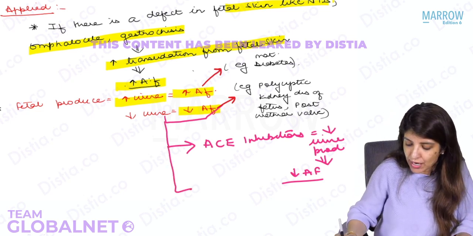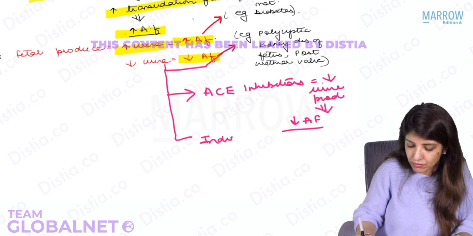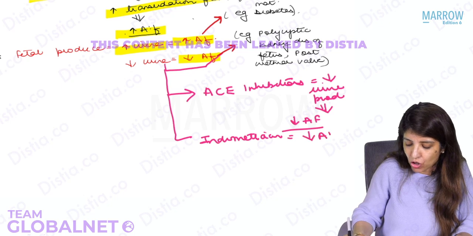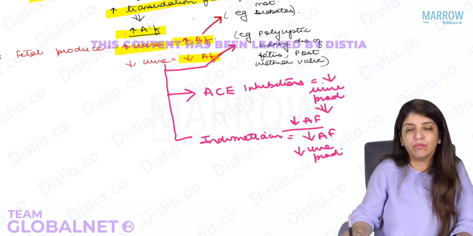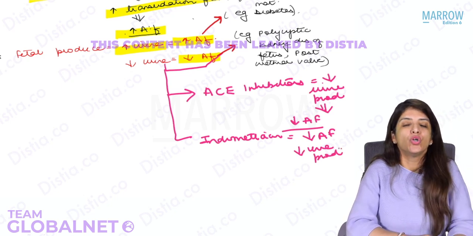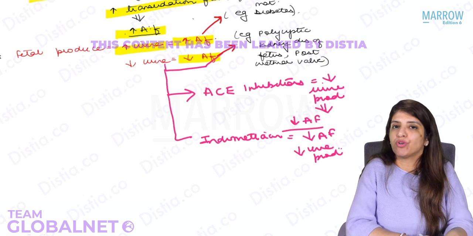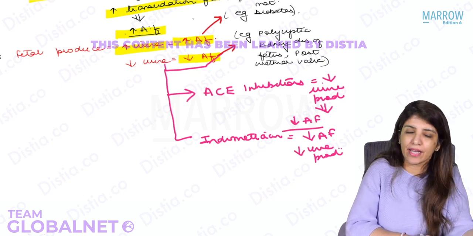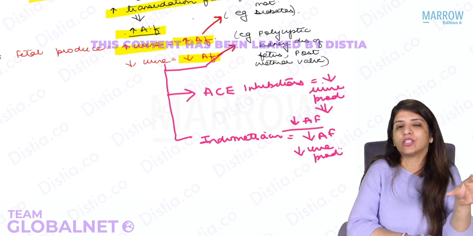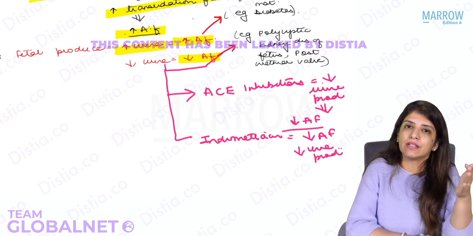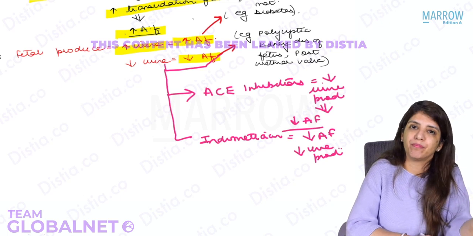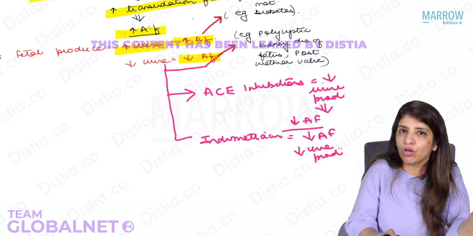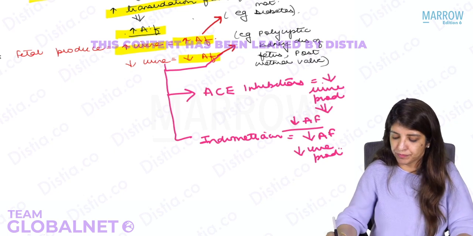Similarly, drugs like indomethacin decrease amniotic fluid because they decrease urine production. Right? So, whenever there is decreased urine production, which could be due to drugs like ACE inhibitors, drugs like indomethacin, or a kidney problem, there will be decreased amniotic fluid. Have I made my point clear to all of you? Yes? Okay.